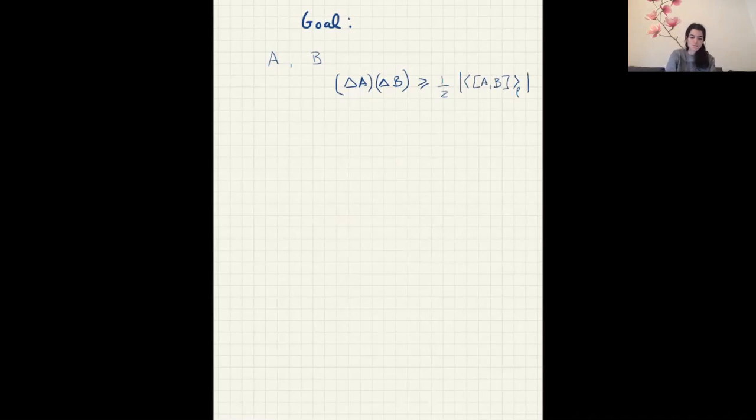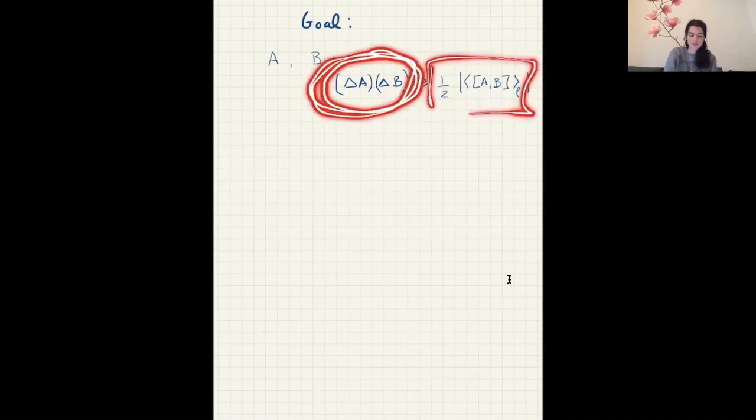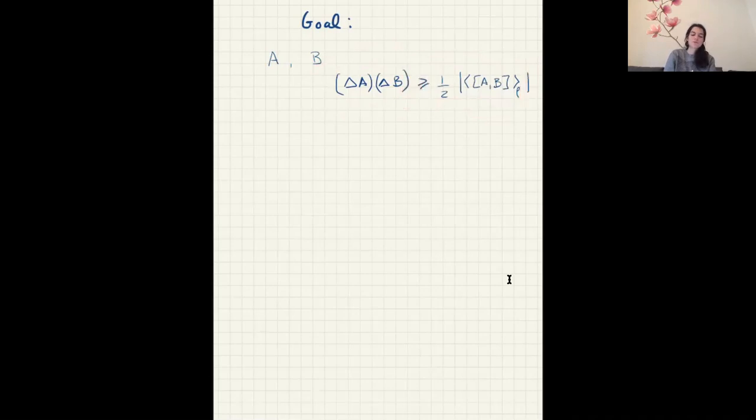So this is what we want to prove, but we didn't have to start by knowing what the result will be. We could just try to find a way to bound these two things. We'll do it here for pure states, because for mixed states it can only get worse.